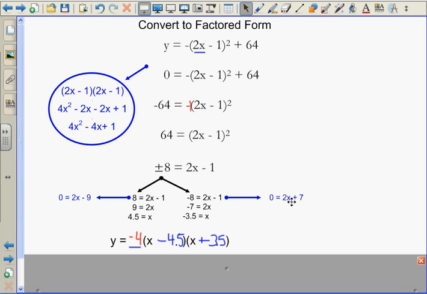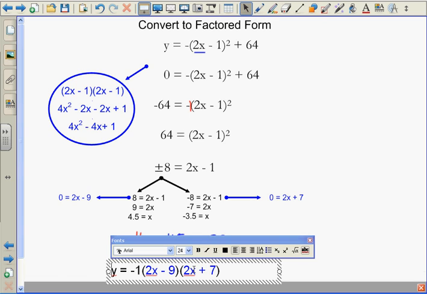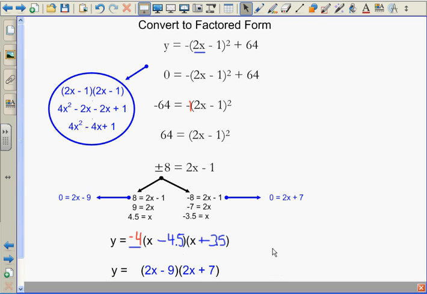Let me ask you something. If this guy was in the parentheses, and I said, what is the x-intercept of this?